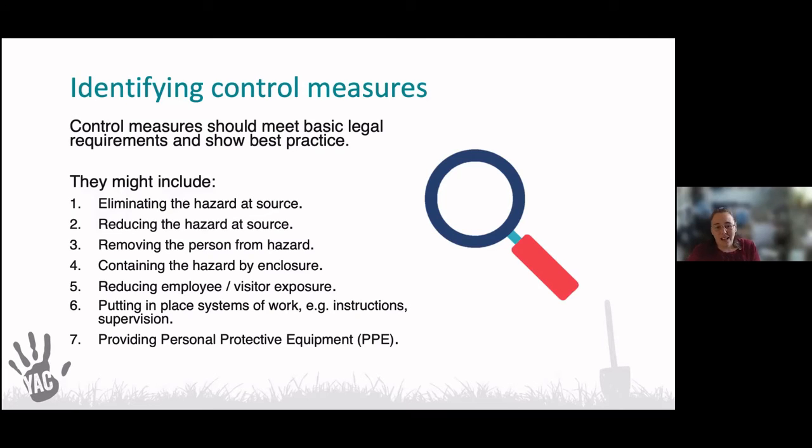So the other ways that we can do that is reducing the hazard or removing the person from the hazard, and containing the hazard by enclosure. So the hazard of that pond, it was enclosed with a low fence to stop people from getting to the pond edges.